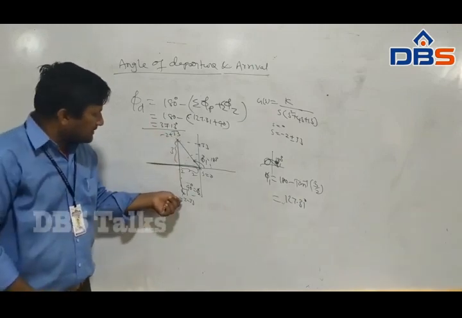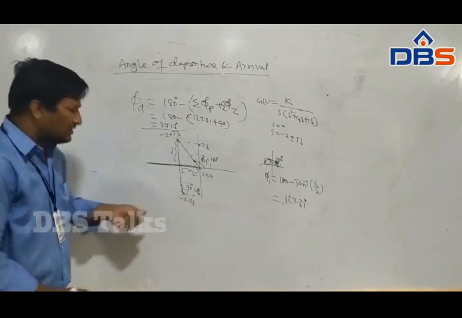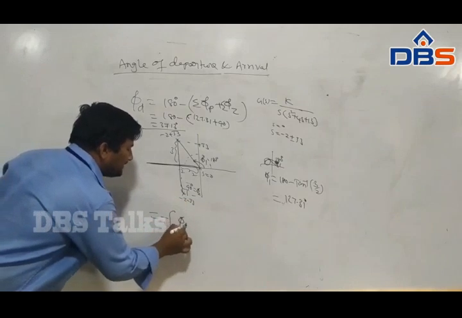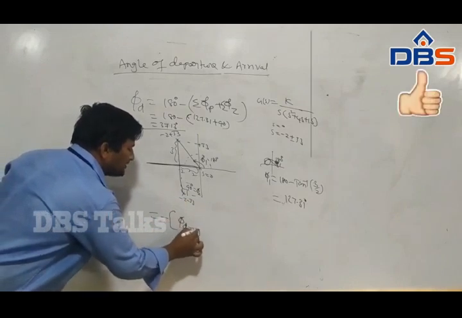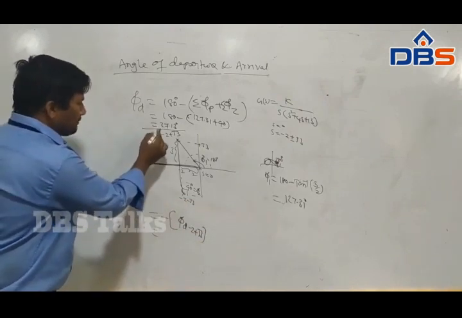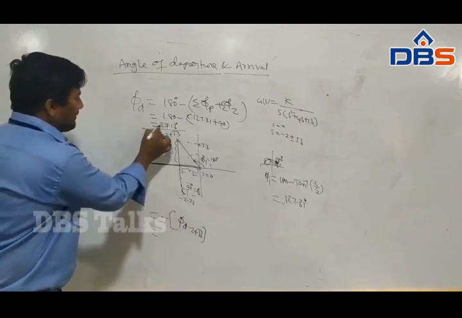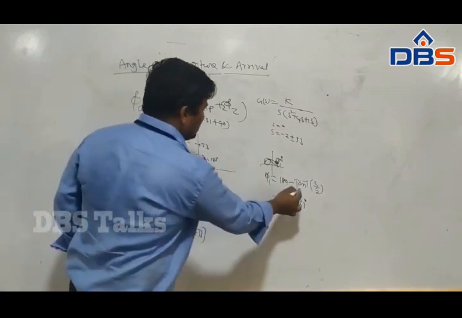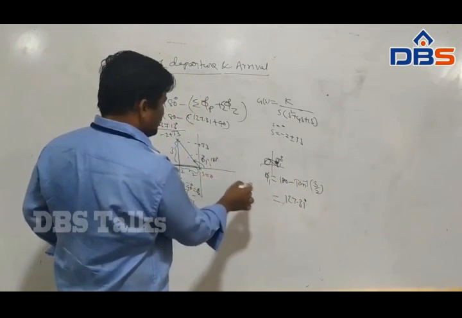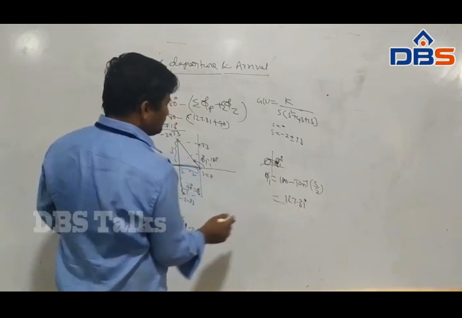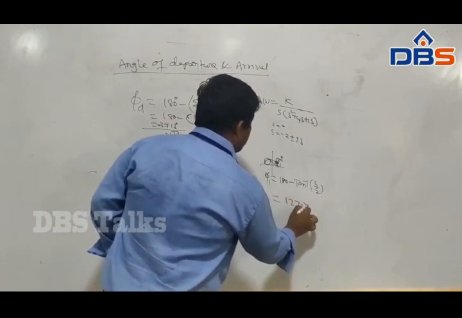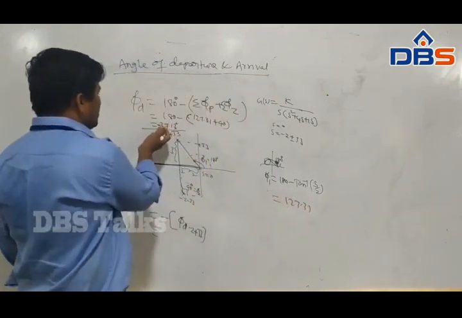Now the angle of departure according to minus 2 minus j3 is exactly the negative of phi d for minus 2 plus j3. Here, 127.31 plus 90 is greater than 180, so this value is negative.